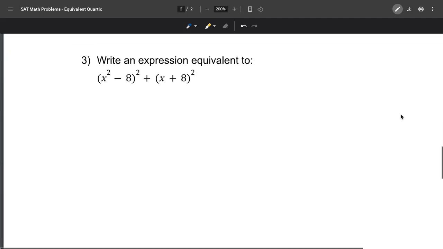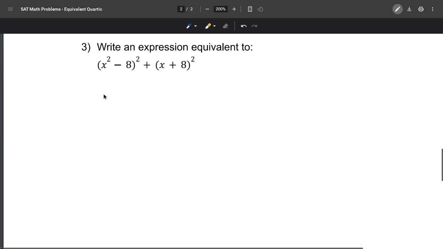All right, for this next one, I went with 2 perfect square trinomials here. So let's see, we got x to the 4th.